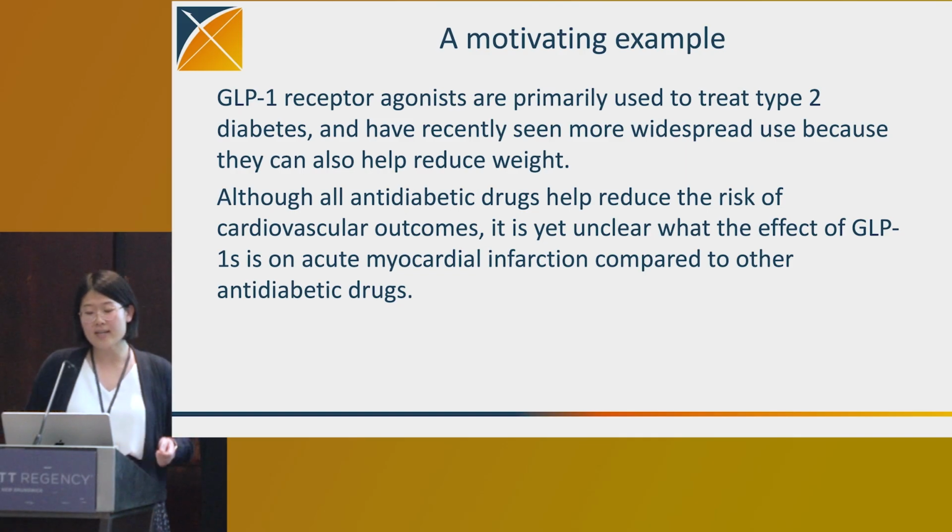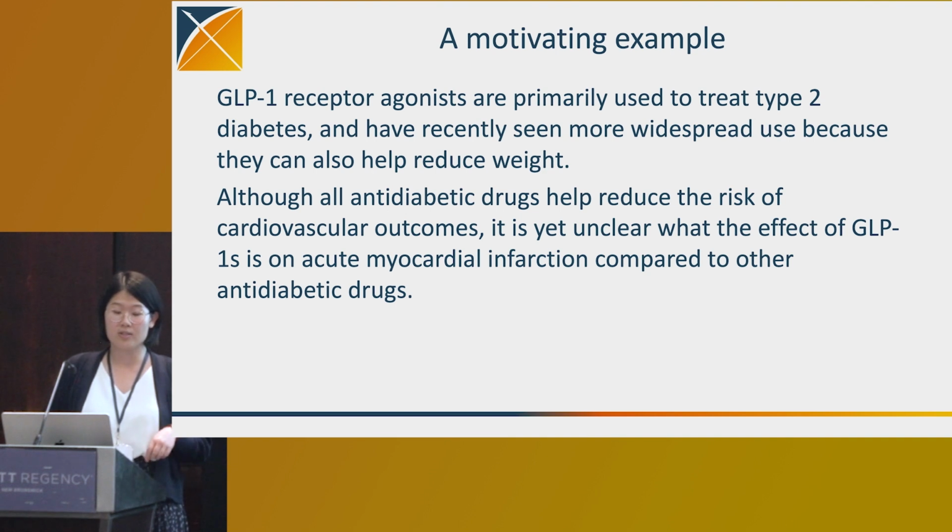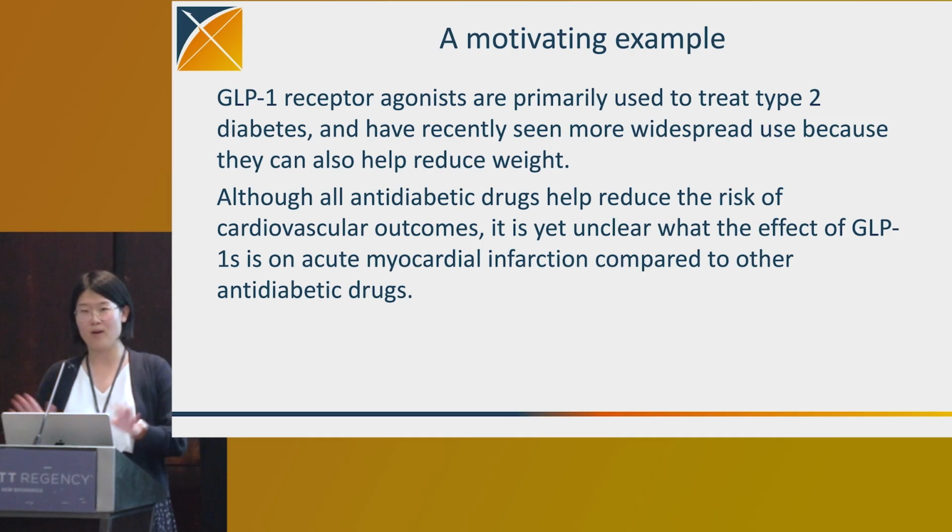Although all anti-diabetic drugs help reduce the risk of cardiovascular outcomes, it's not yet clear to us whether GLP-1 has a bigger effect on lowering the risk of cardiovascular outcomes compared to other anti-diabetic drugs. So we're studying diabetes, comparing anti-diabetic drugs on some cardiovascular outcomes.